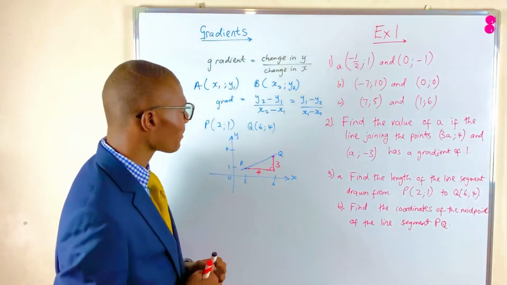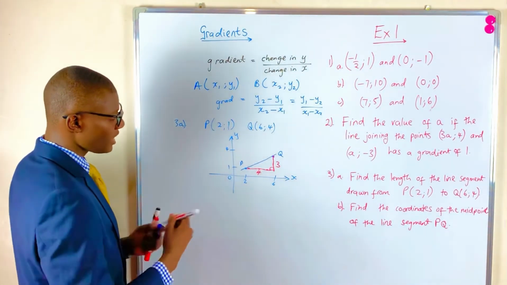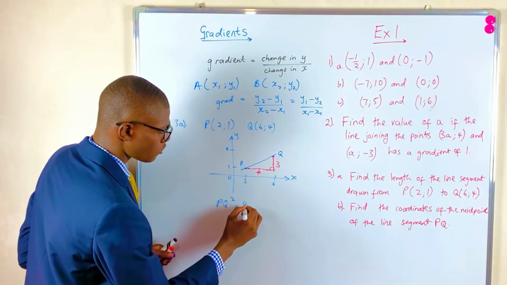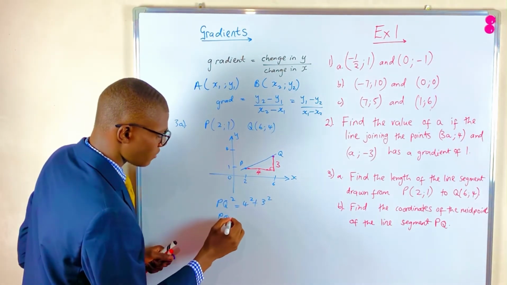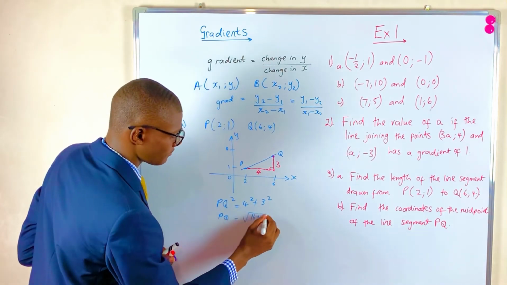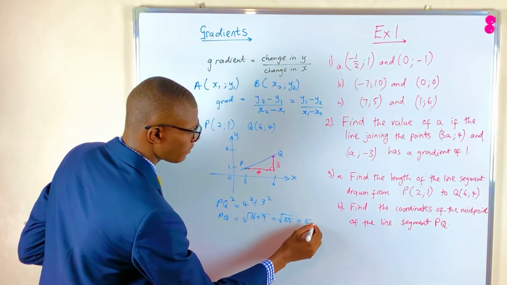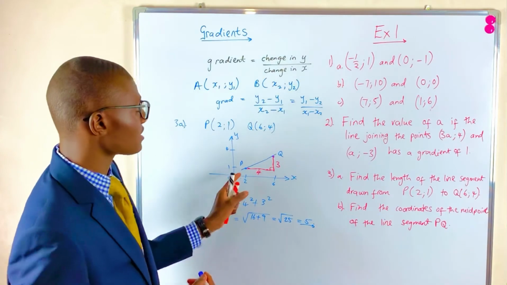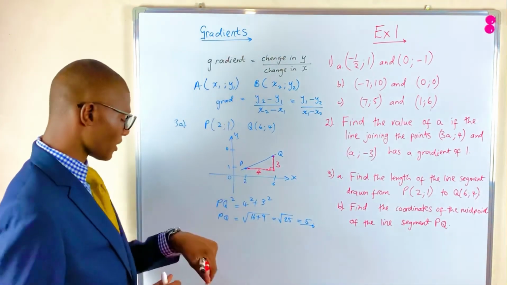We can apply the Pythagoras Theorem. So PQ squared shall be equal to 4 squared plus 3 squared, which implies that PQ is equal to the square root of 16 plus 9, which is the same as root 25, which will be equal to 5. So 5 units is the length of this line segment drawn from P to Q. And that's how we calculate that.